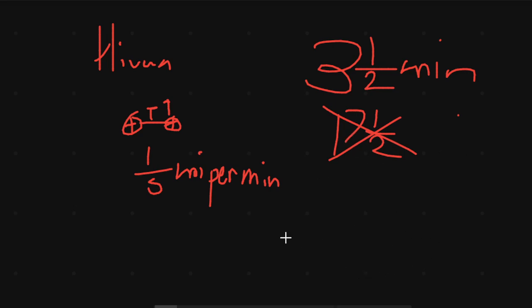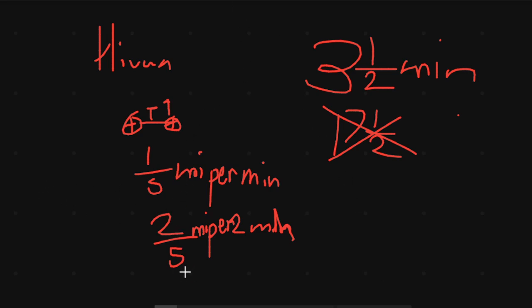So, if he's going 1/5 of a mile per minute, that means in 2 minutes, he'd be going 2/5 of a mile. I'll use M for miles and M for minutes.